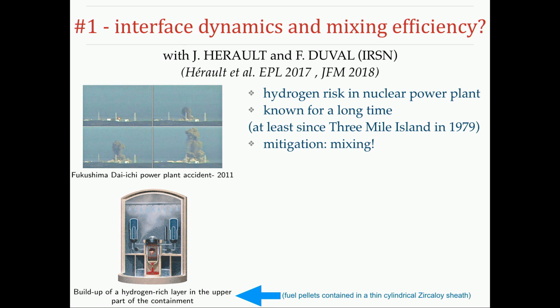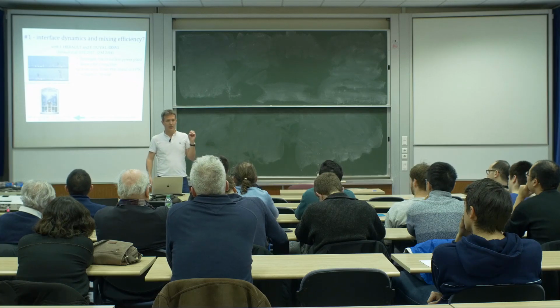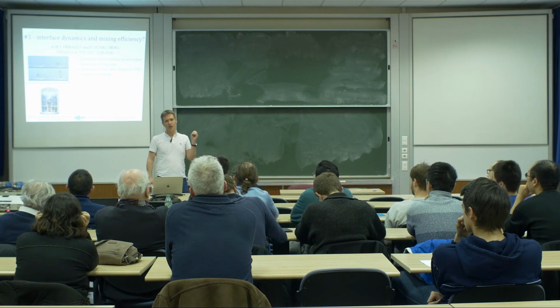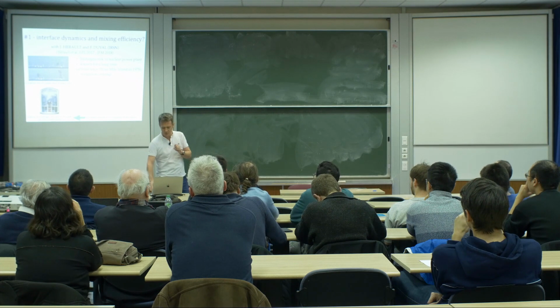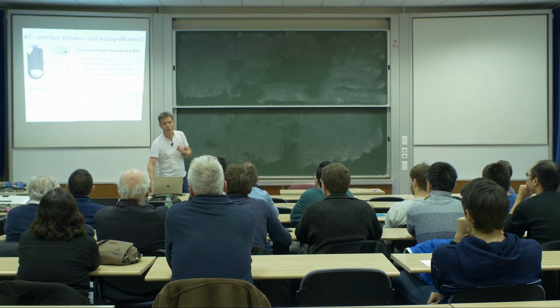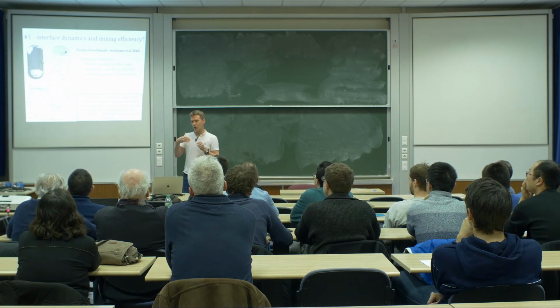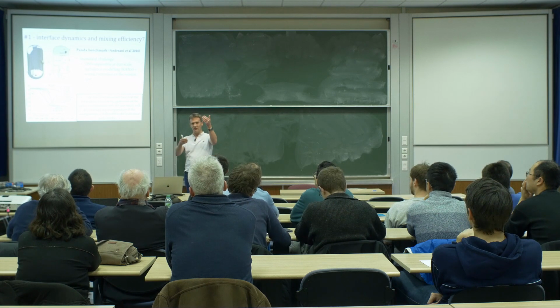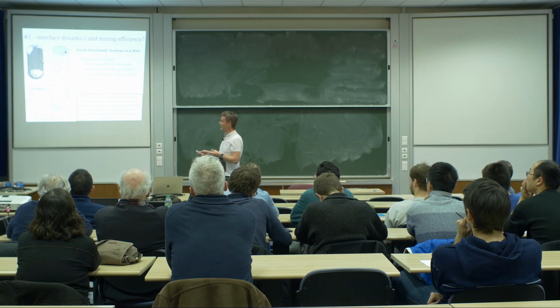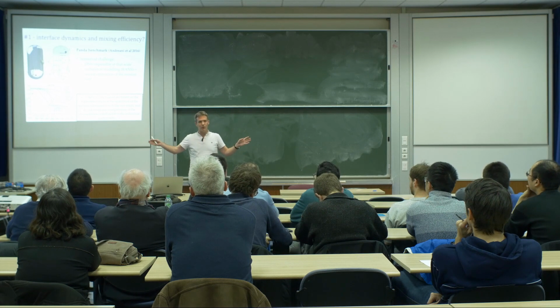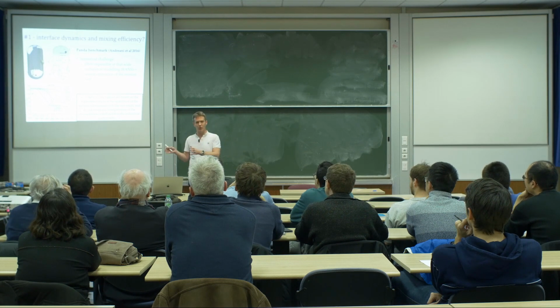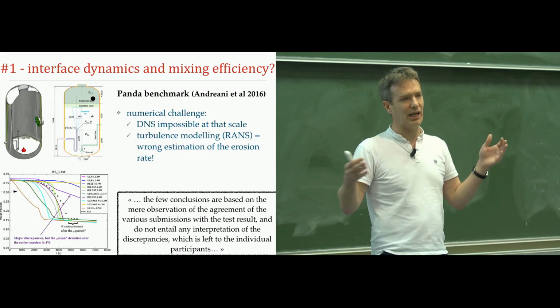So the problem is that they based their mitigation on numerical simulation, and it's a very, very challenging question to correctly model the mixing of a stratified layer by turbulence. Actually, at the scale of a nuclear power plant, you cannot use direct numerical simulation. You cannot solve the Navier-Stokes equations including all time and length scales.